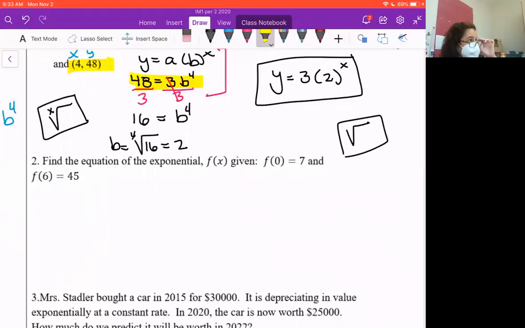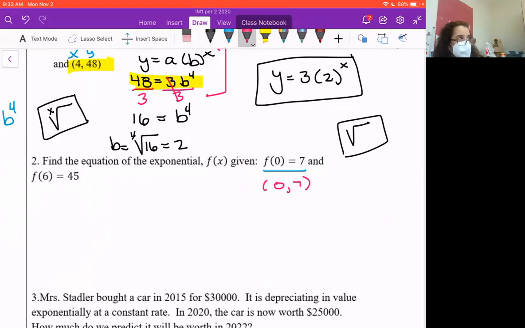Okay, problem number 2. Find the equation of the exponential f of x given f of 0 is 7. Function notation. Okay, all that is saying is that if you input a 0 into this function, the output is 7.